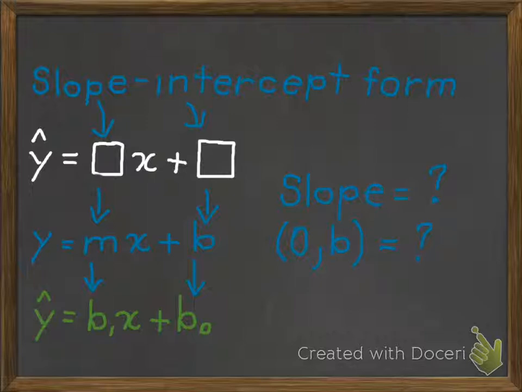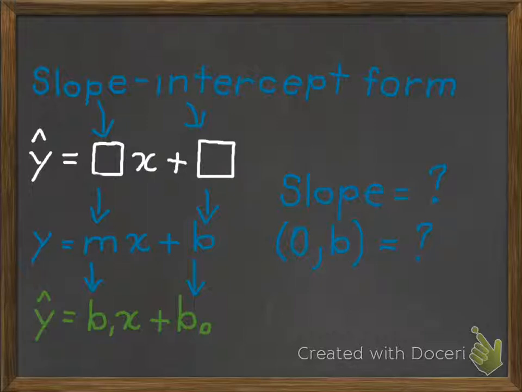Now in your text, the form is not y equals mx plus b. It's the same form, but it's written as y equals b sub 1 x plus b sub 0. So b sub 1 is your slope, and b sub 0 is your y-intercept, but it's just a matter of notation.